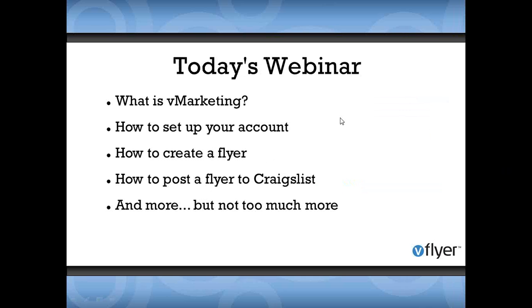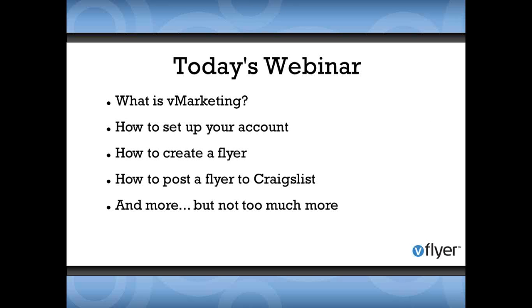All right, here's a brief overview of what we'll go over today. First, we're going to talk about what vMarketing is. So we'll lay it all out there. Then I'll show you how to set up your vMarketing account, because that's a good first step to take once you start using the service. I'll show you then how to create a flyer and publish a flyer, and then I'll show you how to post a flyer to Craigslist. I'm sure at least some of you are primarily interested in using your vMarketing content on Craigslist.